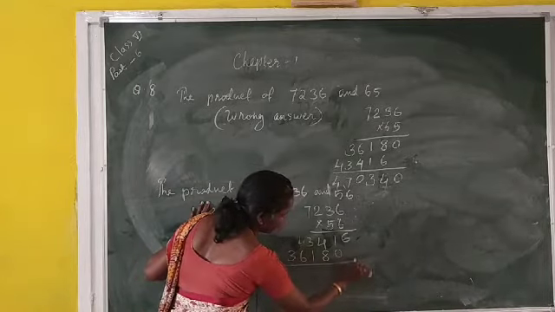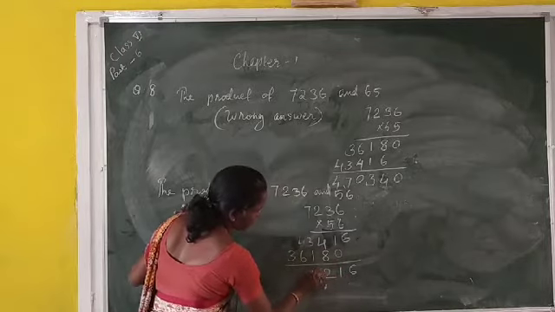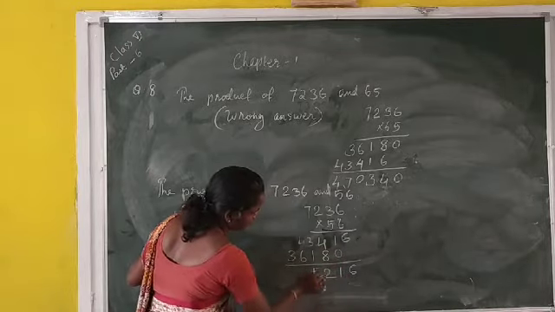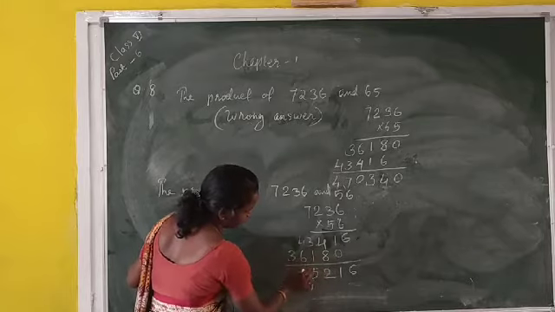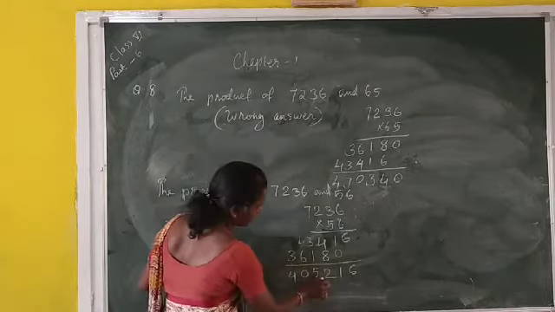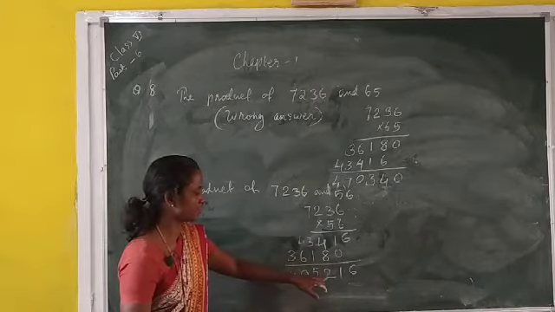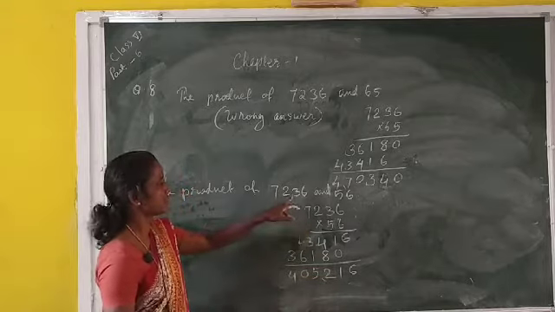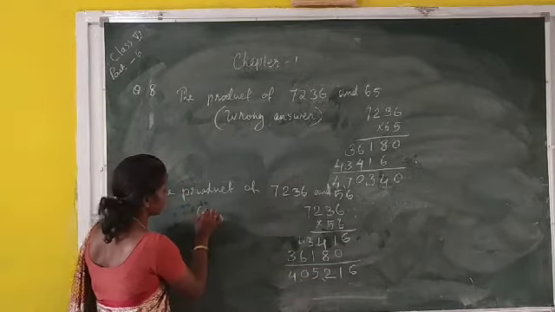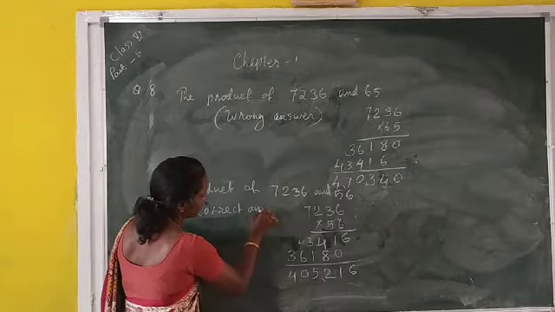Then add the numbers. 6, 1, 2, 5, then 0, 4. What is the answer here? 4,05,260. This is the correct answer.